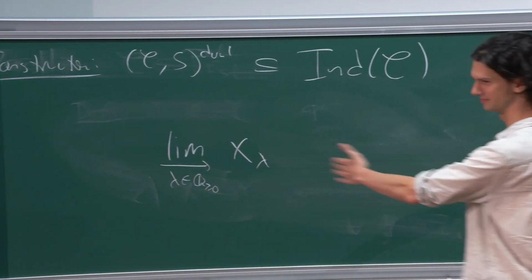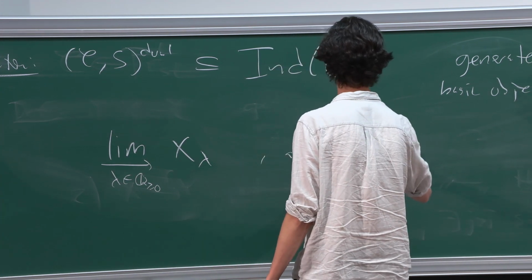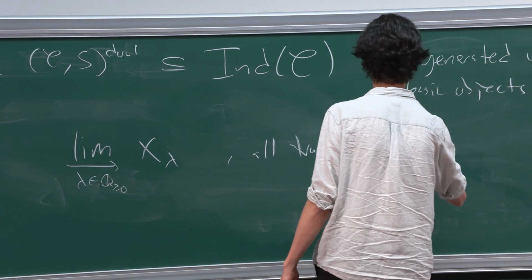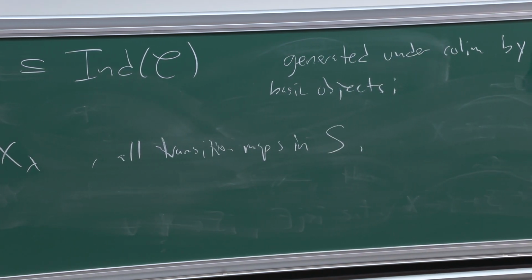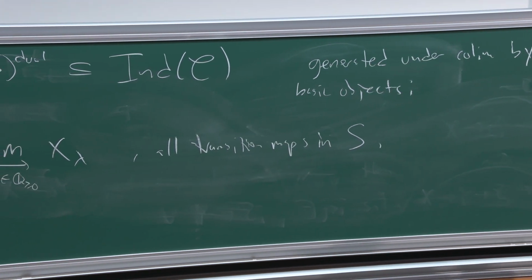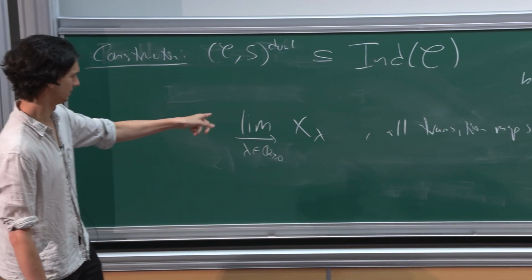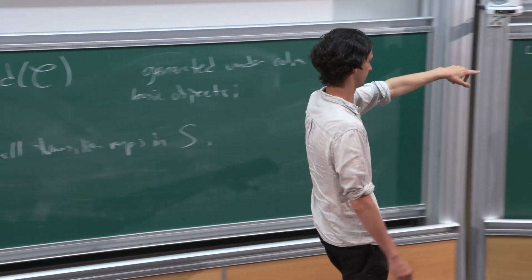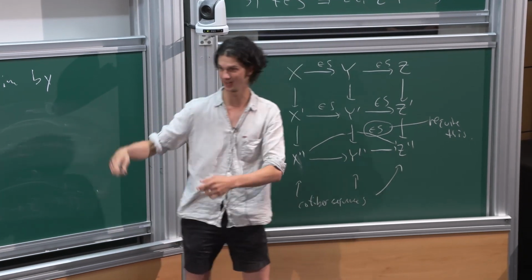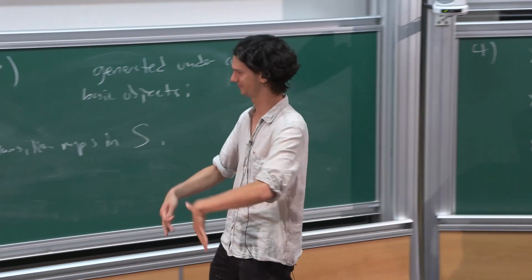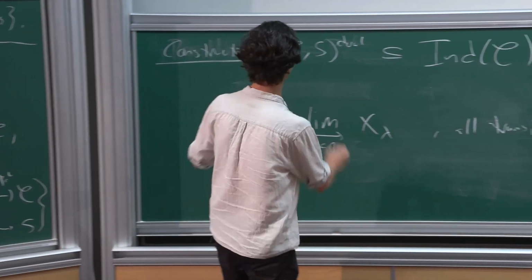Now it's hard for me to write all the things, but all transition maps are required to lie in S. So each one of these is in particular a sequential colimit with transition maps in S. But moreover, each transition map can be factored through another such guy. And it's that extra stuff, which comes from the colimit indexed by the rational thing, that lets you check that this thing is dualizable.